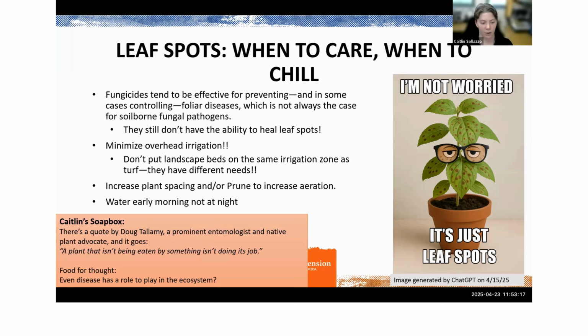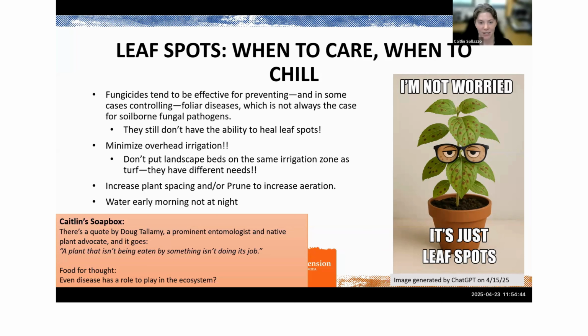They're hard for landscape professionals to use because we have to use them preventatively, and people don't understand that. So if someone wants to get rid of their leaf spots, you can recommend fungicides, but the reality is unless they're trained, they probably won't know how to use those fungicides effectively, and it's just a waste of chemicals. So fungicides are effective, but fungicides are not insecticides. They're harder to use.